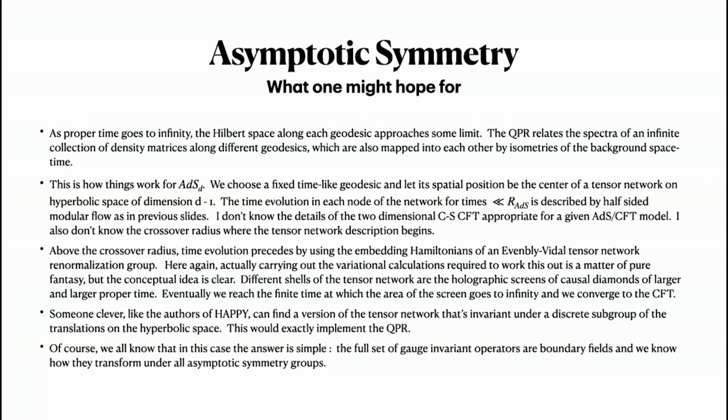Okay, and in the happy paper, if I may call it that, Daniel, we even know how to do this in a way that's invariant under discrete subgroups of the translation group in hyperbolic space. And so it's in a way that will kind of guarantee the quantum principle of relativity, at least discretely, and in a way that's sort of going to make sure that the continuous symmetries of ADS space are implemented on the boundary.